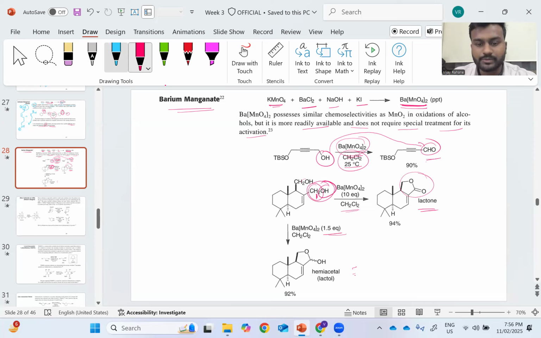And if you use only one equivalent, whereas here we are using 10 equivalents, then what happens? In this case, the first step was the oxidation of this alcohol to aldehyde, right?